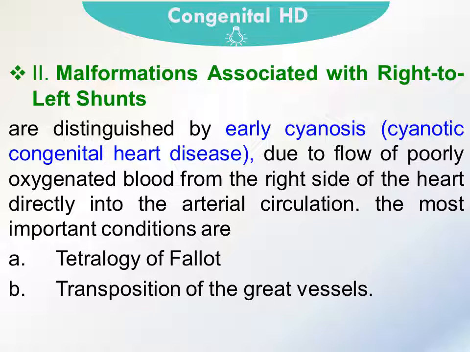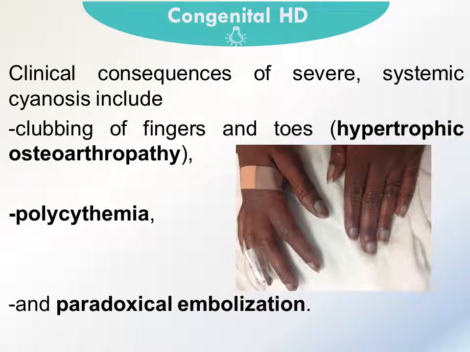The most important conditions are, first, the tetralogy of Fallot, and second, the transposition of the great vessels. Clinical consequences of severe systemic cyanosis include clubbing of the fingers and toes, called hypertrophic osteoarthropathy, polycythemia, and paradoxical embolization.